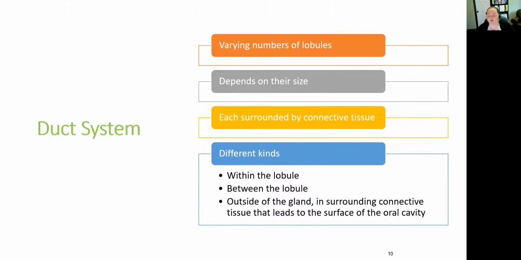Then outside of the gland and the surrounding connective tissue, ducts lead to the surface of the oral cavity. This duct system is important for draining because these are exocrine glands. Do you remember us talking about endocrine and exocrine? An example of endocrine would be the pituitary gland, which just stays within your body, where the exocrine is excreting out, like our sweat glands and our salivary glands.